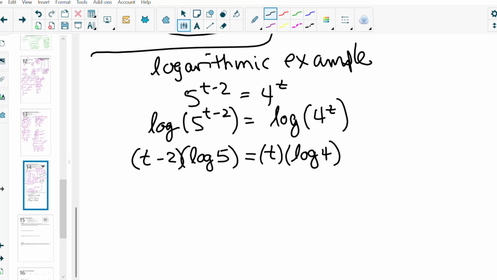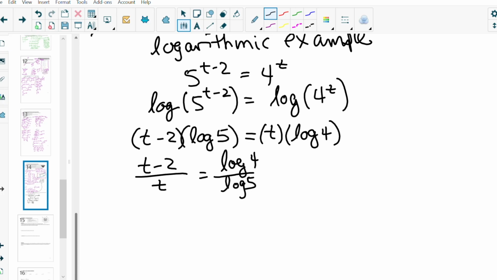Log base 5, log base 4. So what I can do here is divide both sides by t, and divide both sides by log base of 5. So just a little equation rearranging.